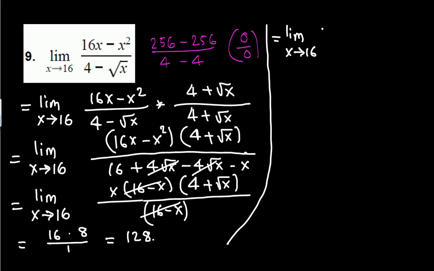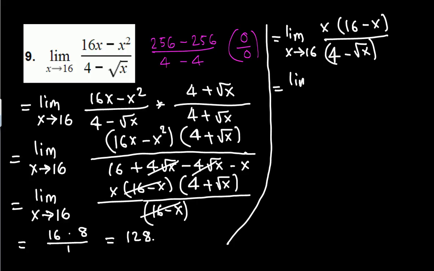So the top, if you factor x out, 16 minus x, over 4 minus square root of x. This is a difference of two numbers, and 16 is 4 squared, and x is also square root of x squared. Then we can write this factor as a difference of two squares. Got the idea from the bottom.